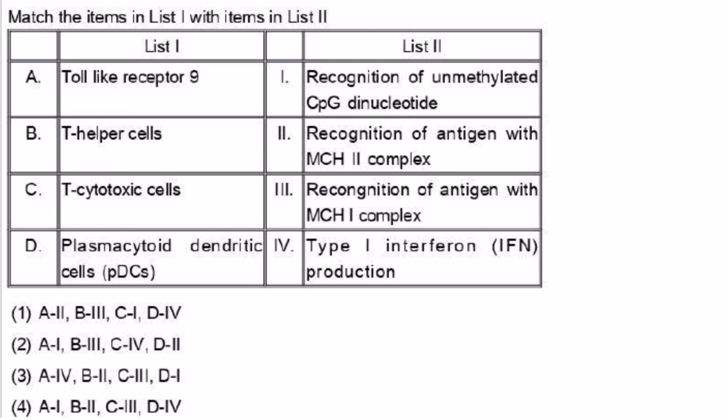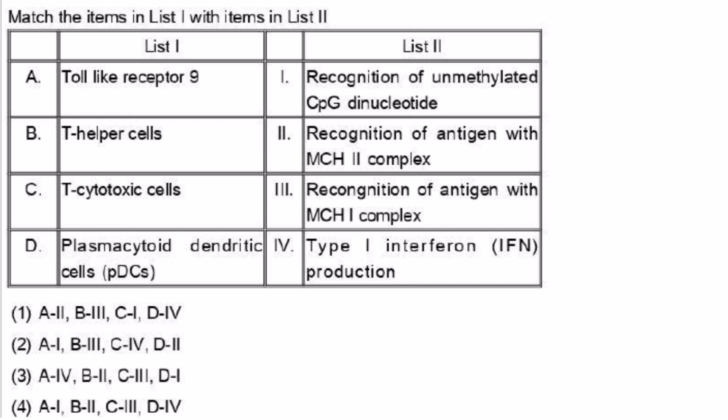Then next one, toll-like receptor 9, recognition of unmethylated CpG dinucleotides, that's correct. T helper cells, recognition of antigen with MHC class 2 complex, B2. T cytotoxic cells, recognition of antigen with MHC class 1 complex, yes.